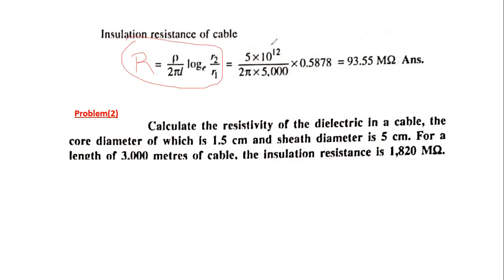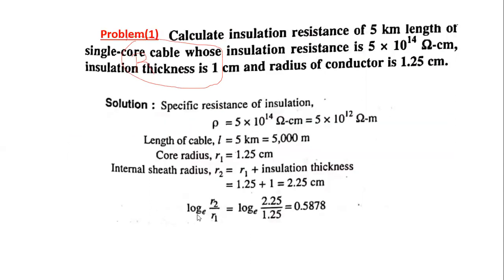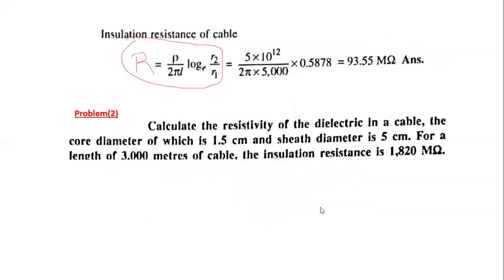Before calculating the insulation resistance, first we calculate log e R2 by R1, where R2 is equal to 2.25 centimeters and R1 is 1.25 centimeters. Then we obtain the log e R2 by R1 value.